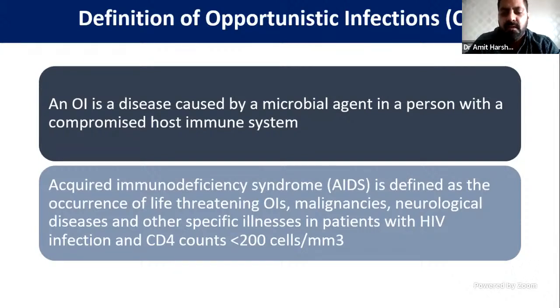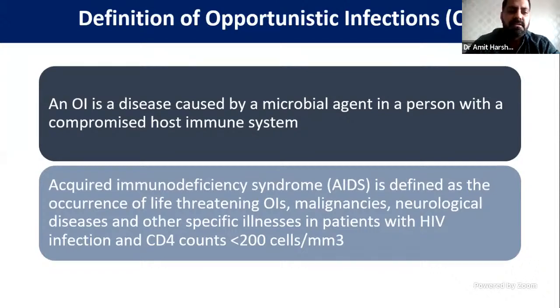Similarly, if you relate with co-infections, PLHIV can also have, for example, hepatitis, which is coined as co-infection, versus when you have the disease because of the compromised immune system, that is known as opportunistic infection.